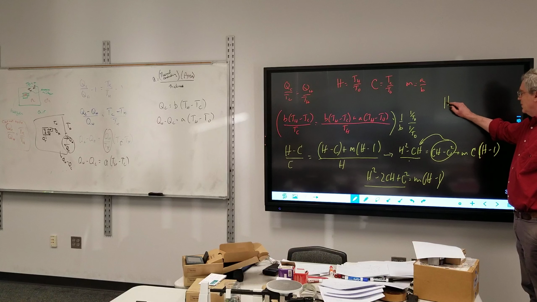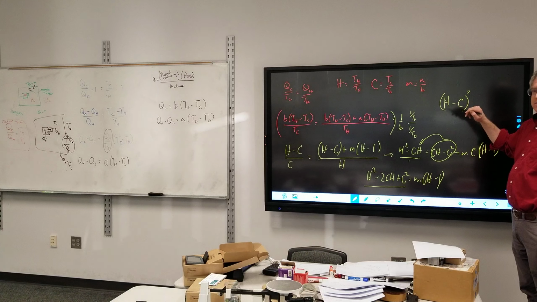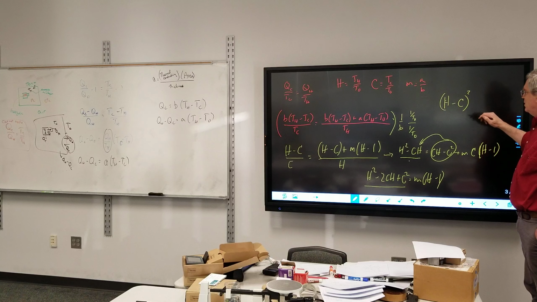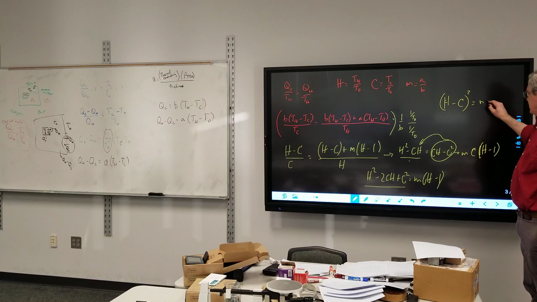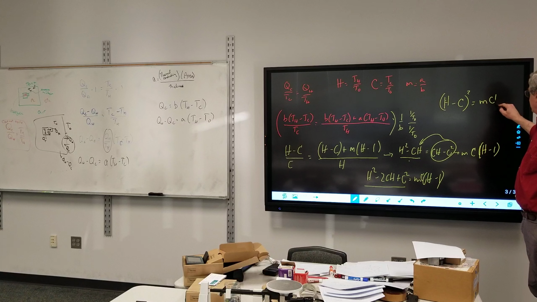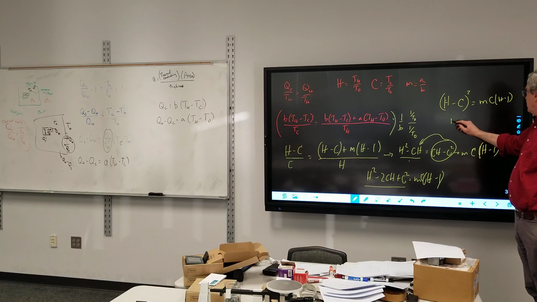So this might be what you were thinking, H minus C squared. Yeah. Difference of squares, I don't think difference of squares works in this case. Okay. Is equal to M, I've lost my C there, MC times H minus 1. And so H minus C squared divided by C times H minus 1 is equal to M.